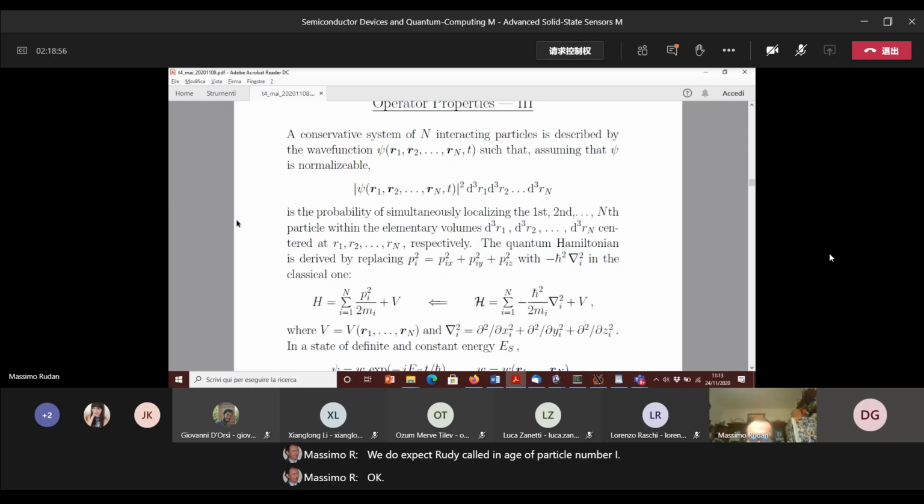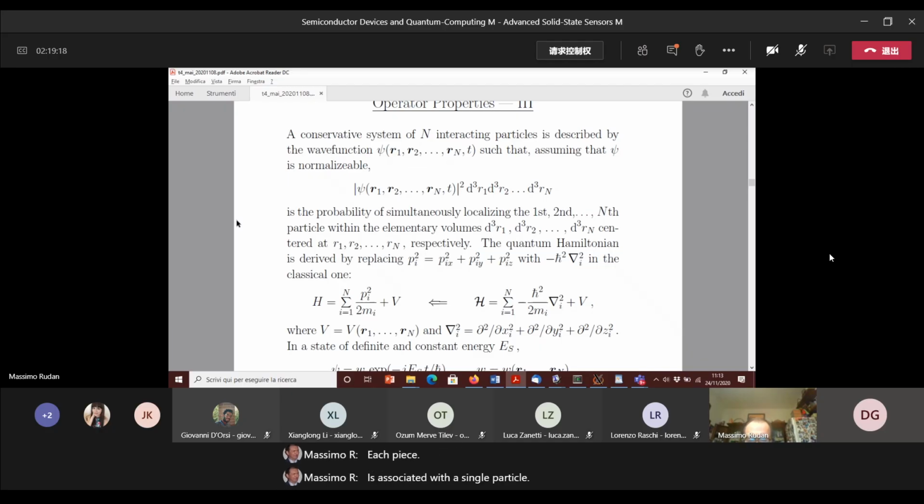Now, is this Hamiltonian separable? In this form, it is not separable, because the kinetic part, of course, is always separable because it is a sum of pieces. Each piece is associated with a single particle.